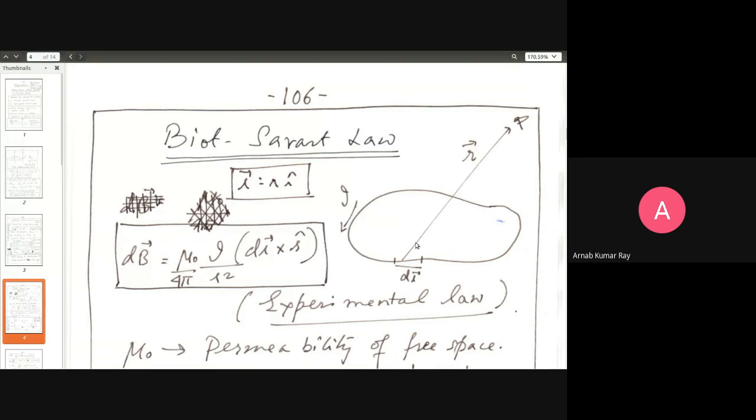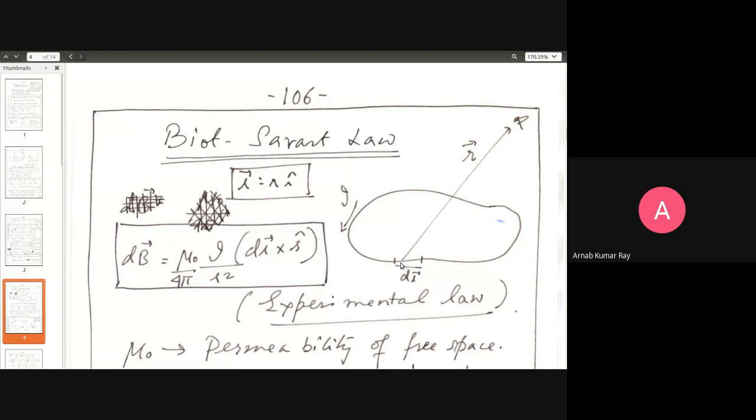We have a closed loop, but it could have been an open wire also, but then that open wire has to be an infinitely long wire. So here's the current going round and round this wire. You have taken a small line segment on this wire called dl. Now, due to the current through this small line segment, what should be the magnetic field at a point P here, which is a displacement r away from the line segment dl?